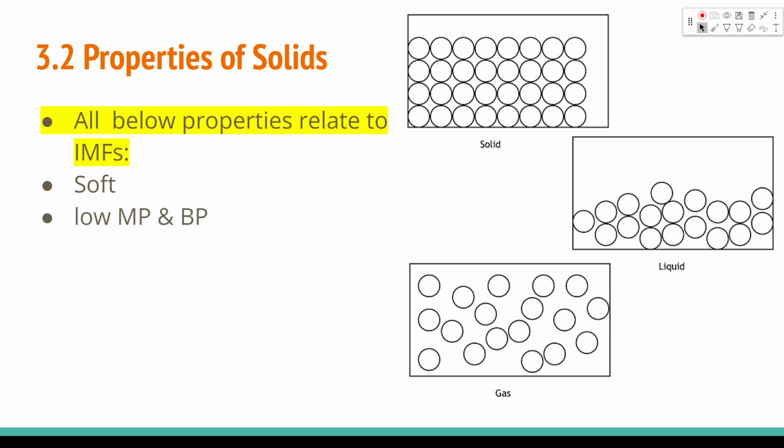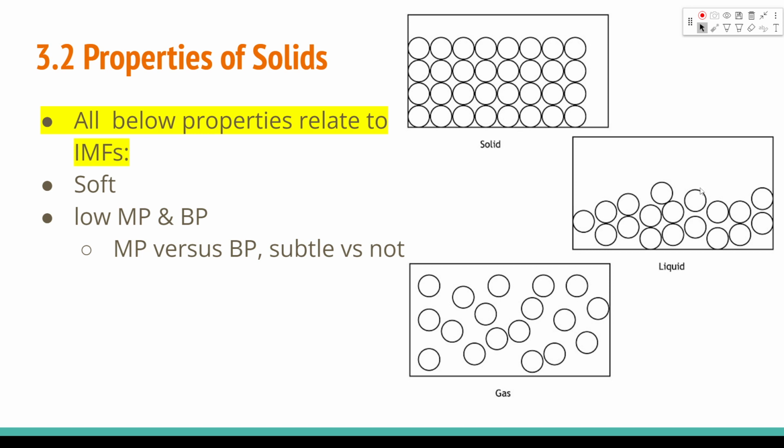And they have low melting points and low boiling points overall compared to all other kinds of compounds, because the IMFs are overall very weak. Our melting point is very subtle, like I said here, and that's why the melting point is super low.